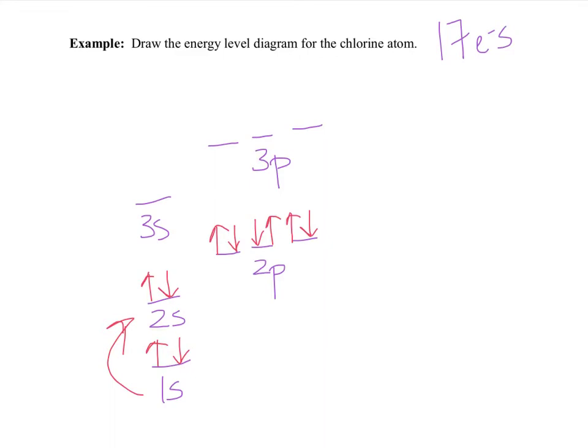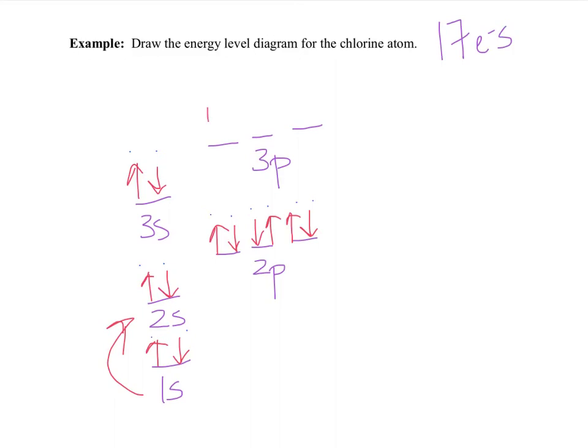Now that 2p is filled, we'll go to 3s. Before we go to 3p, let's count to see how many we've got. 1, 2, 3, 4, 5, 6, 7, 8, 9, 10, 11, 12. So we've got 12, we need 17, 5 more.